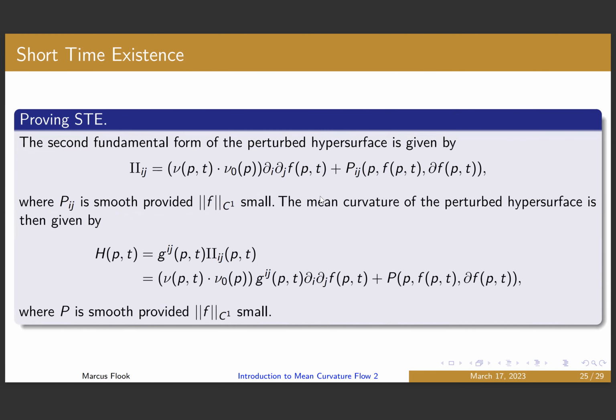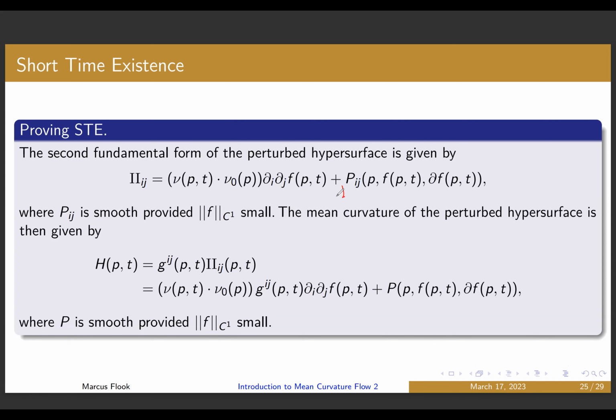Simplifying on this side, we've bunched all of these terms together from before, and now this P term is defined as the trace of those Pij. Again, this is smooth, provided that we have a nice bound on the C1 norm here. So this is a very nice elliptic term.